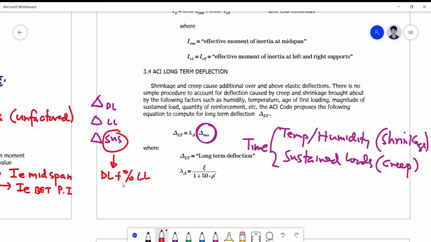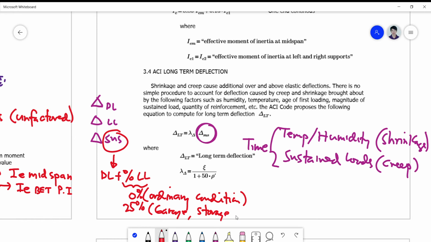Okay, so this portion is sometimes assumed to be zero if your condition for such a structure is just ordinary. But when you are dealing with structures such as warehouses, storages, and garages, this can actually increase up to 25%. Okay, so from 0% on ordinary condition to 25% on garage, storage, and warehouse.